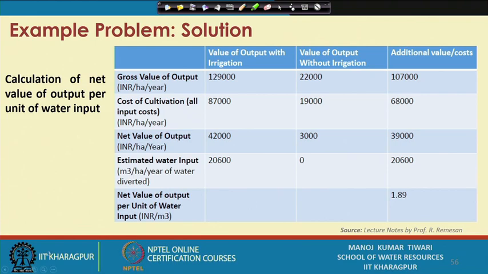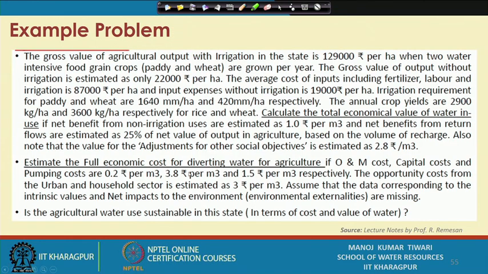So if you see the question again, for the total value, it further says that the net benefit from non-irrigation uses is estimated as 1 rupee per meter cube. There is an additional benefit from non-irrigation uses of that water. And the net benefit from return flows, the flow returning to the system after irrigation, is 25% of the net value of output in agriculture.